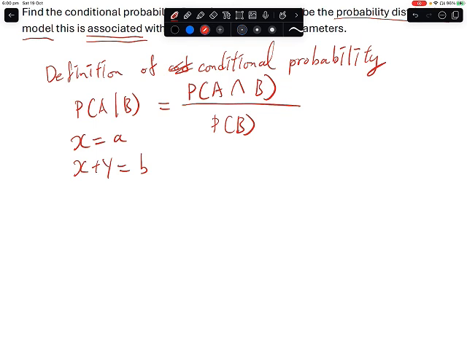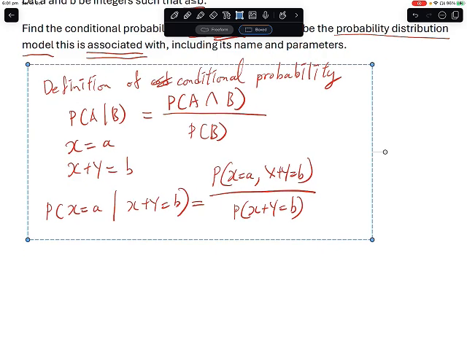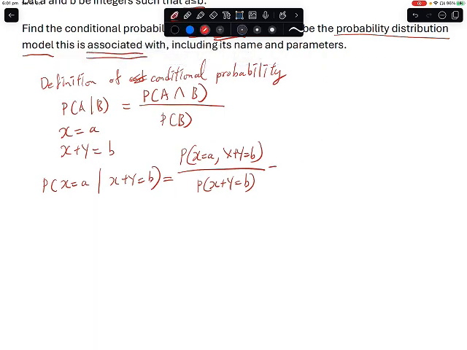How to do it? We can write it in a simple way: X equals a and X plus Y equals b.